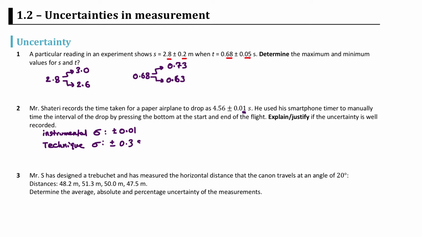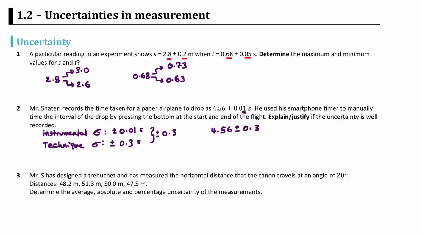About 0.3 second, and whenever we're doing a measurement, we will have to take the maximum value between the instrumental uncertainty and anything we do in terms of technique or procedures. So in this case, we actually should use plus or minus 0.3. So the proper way of expressing this value would be 4.56 plus or minus 0.3.